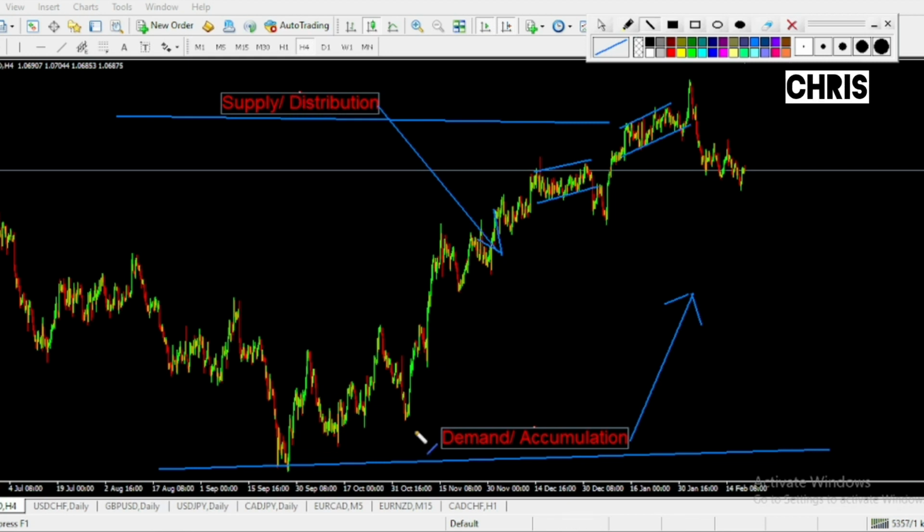Here I will demonstrate how I trade using demand and supply. For me, I view the market like this. Once the market is moving up, it will have some consolidation or areas of demand.